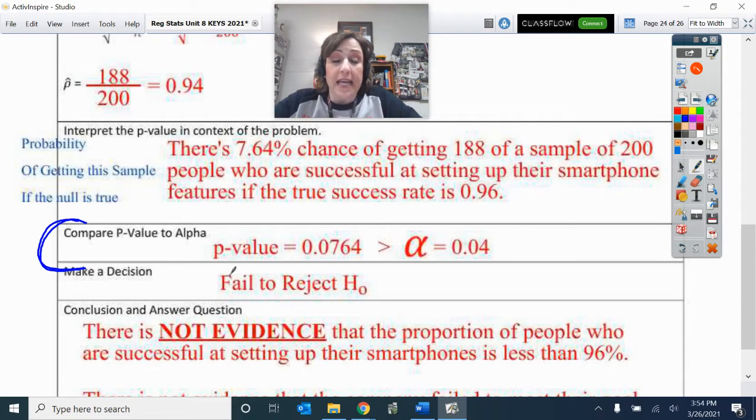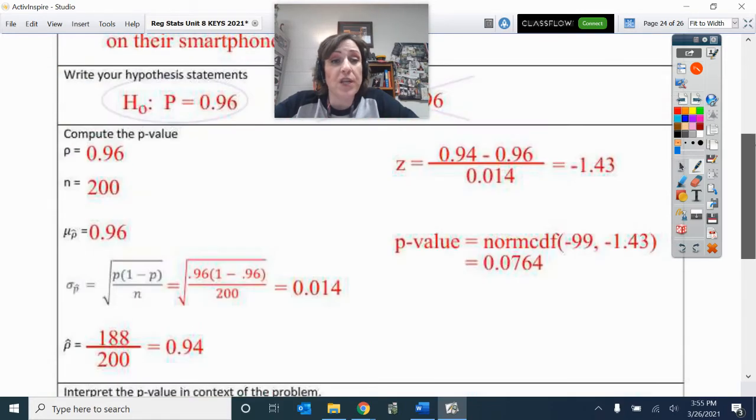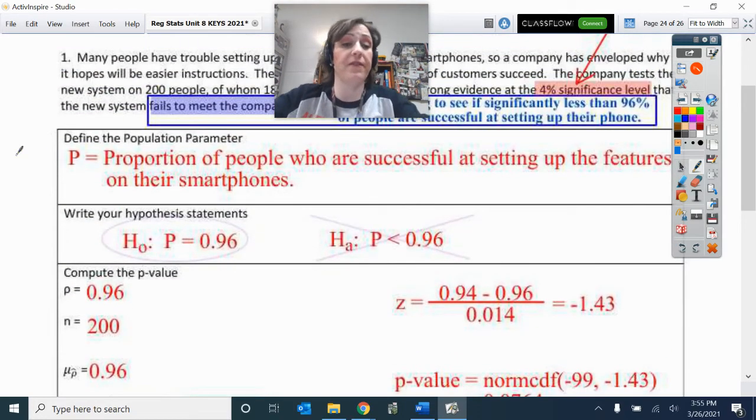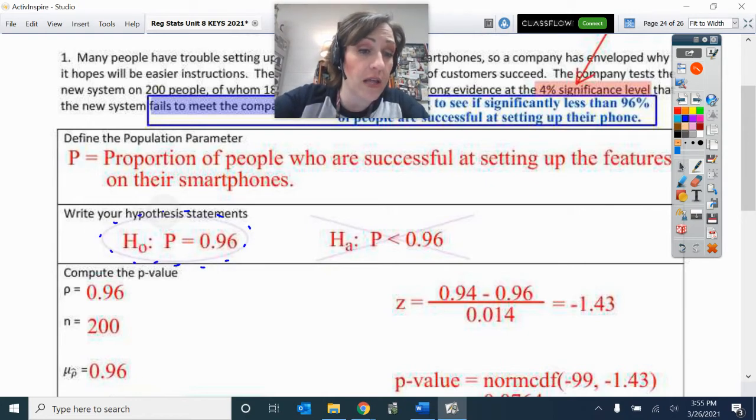So if the p-value is greater, then I am failing to reject. I'm not going to reject. I'm only going to reject if that p-value is low. If the p-value is low, reject H0, and I don't have that, so I fail to reject. So remember this, if I fail to reject, then this null hypothesis statement holds.